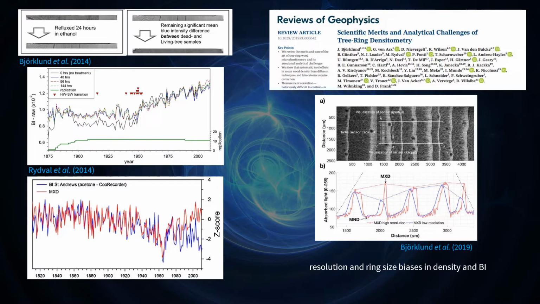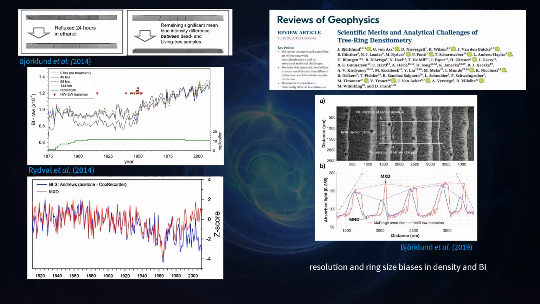And what this means is that with very narrow rings, just because of this hardware limitation, we tend to underrepresent the density, in this case maximum latewood density, of these very narrow rings, simply because we are not able to capture that point of highest density.